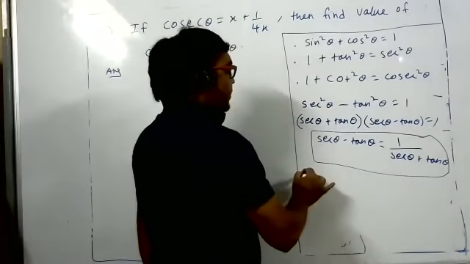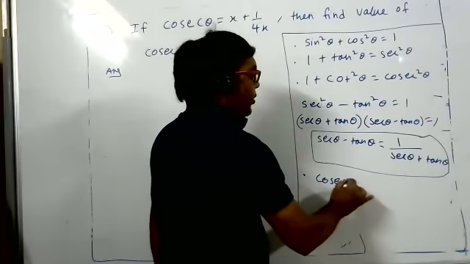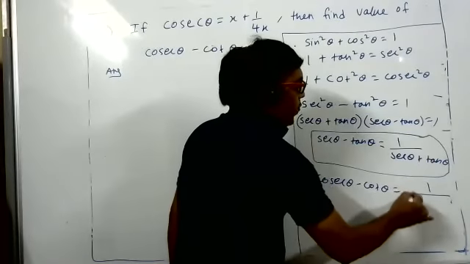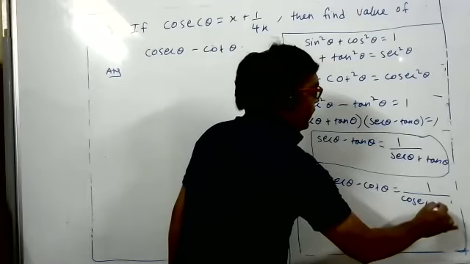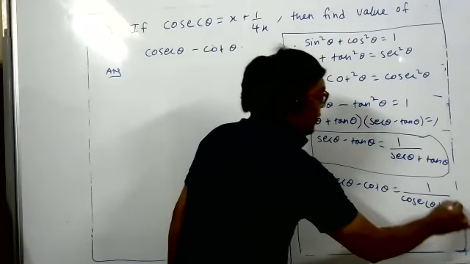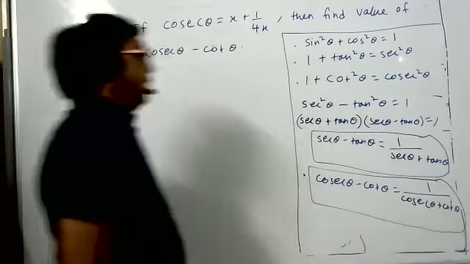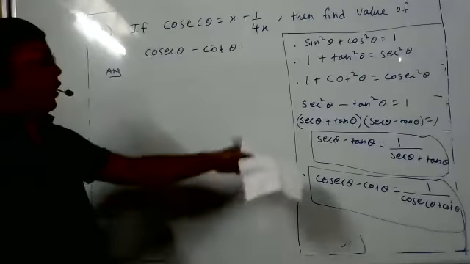Similarly, from the second result we can write cosecant theta minus cot theta is equal to 1 by cosecant theta plus cot theta. This formula you have to write and remember it. Sometimes it is useful. I think most of you understood how we got that.